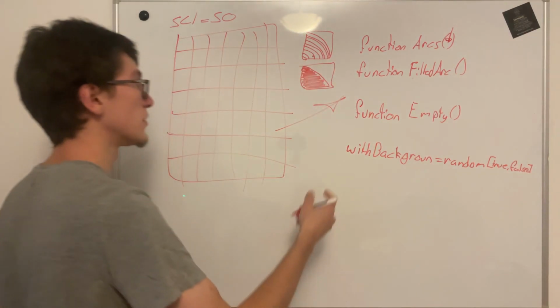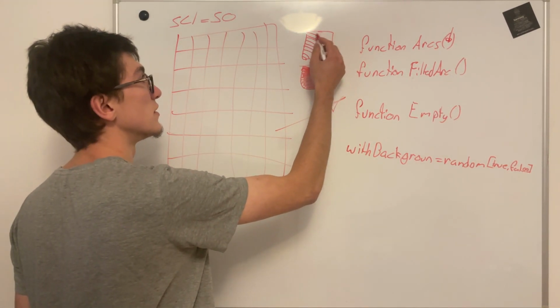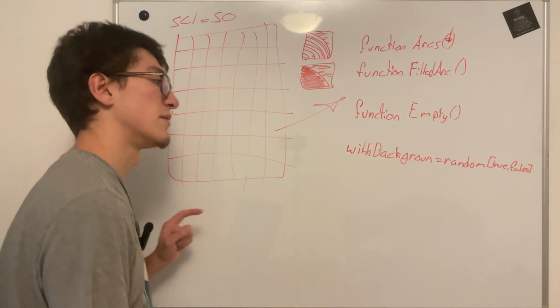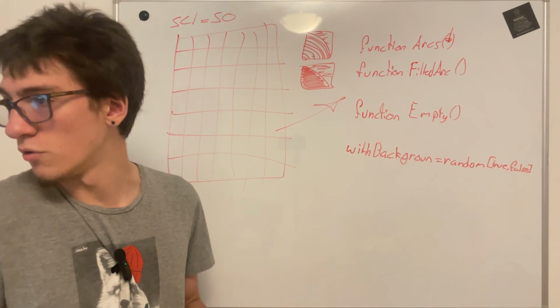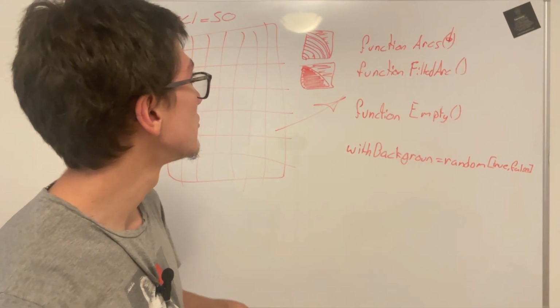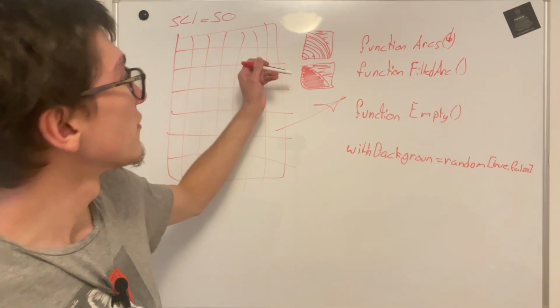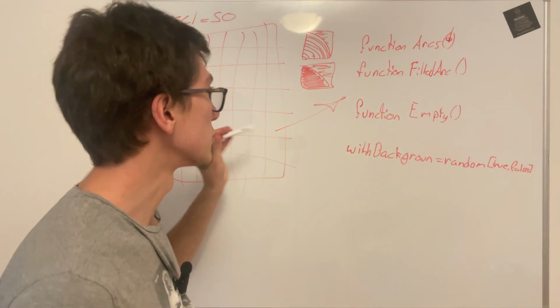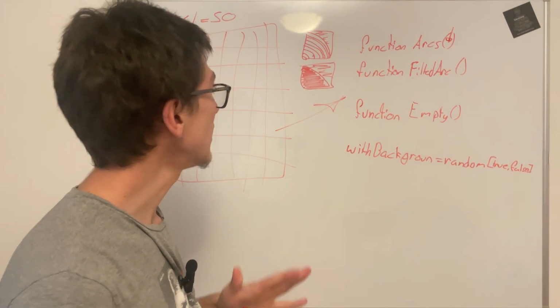Because with background, we'll basically fill in this and this. And for the empty tile, I guess we won't fill anything. But that's pretty much it. Also, we have to know that this function, filled arcs, will randomly select one color that we have. So that's pretty much it.